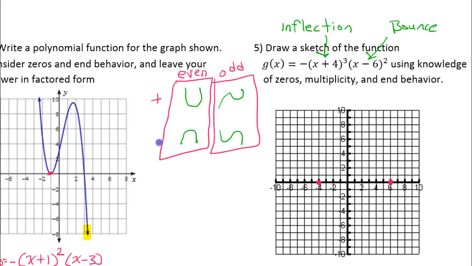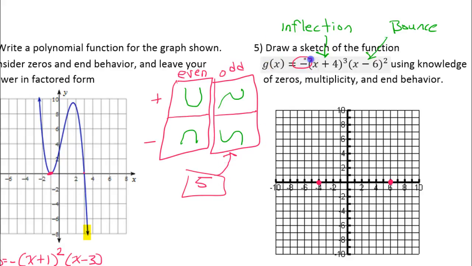And these are the positive versions, and these are the negative versions. So I need to know the degree. Well, there are 3 of these and 2 of these. That means we're talking about degree 5. That means we're talking about odd degree.